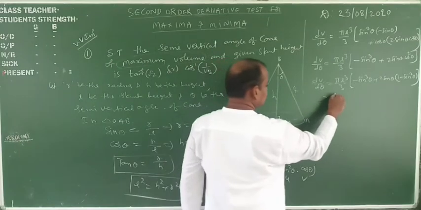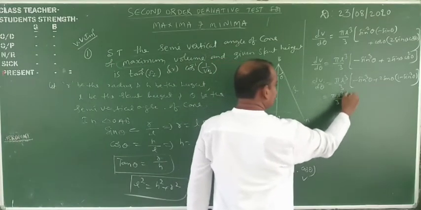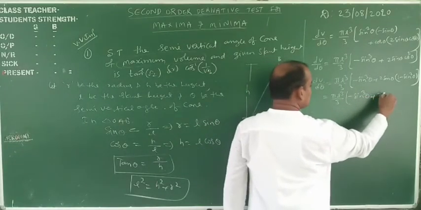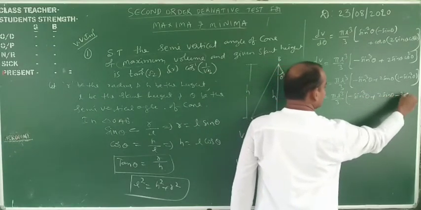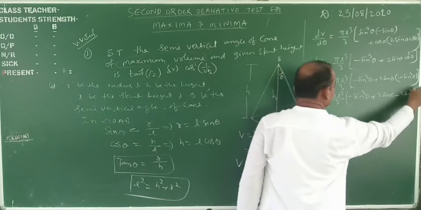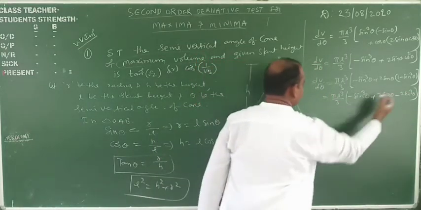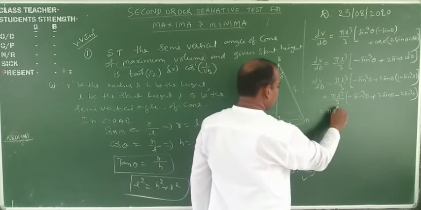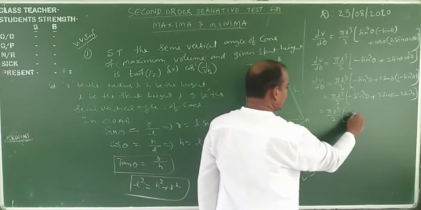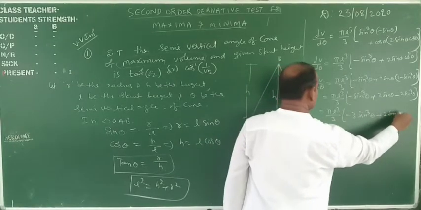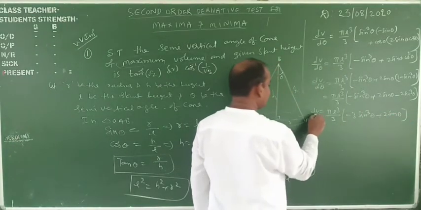Now pi L cube by 3 into minus sin cube theta plus 2 sin theta minus 2 sin cube theta, which is pi L cube by 3 into minus 3 sin cube theta plus 2 sin theta. This is dV by d theta.